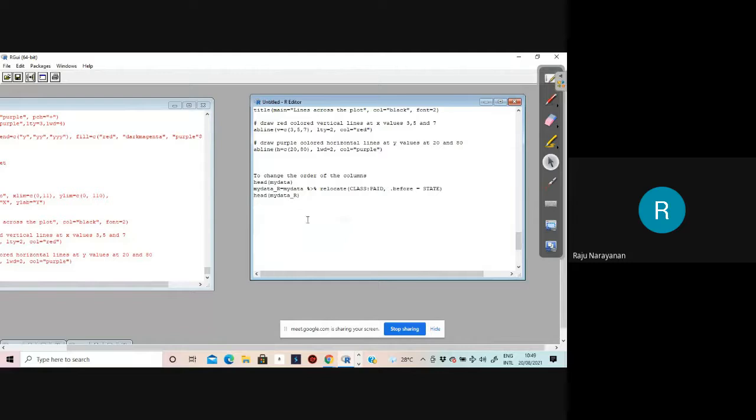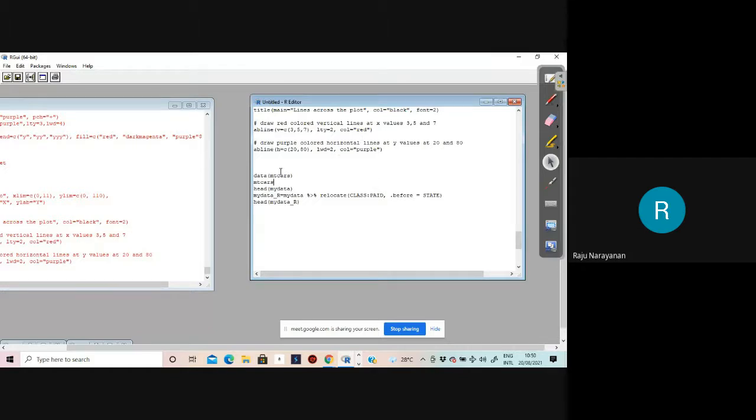Now I can do with iris data, or another data is mtcars, a wonderful data file. We will use that one for regression and other things.